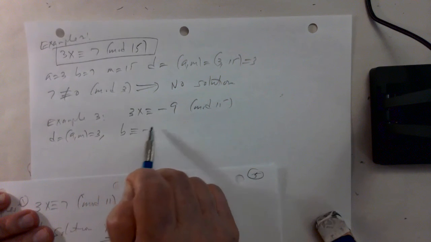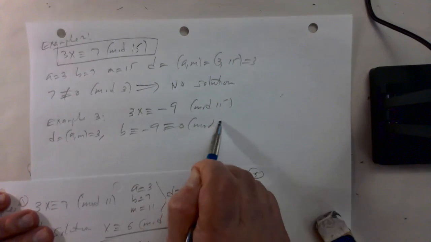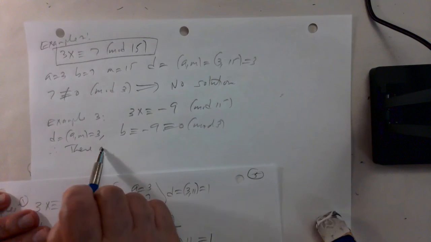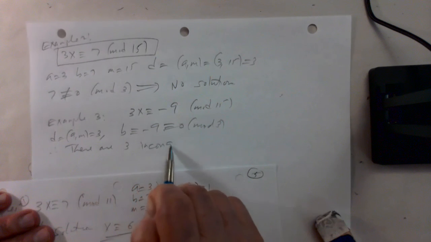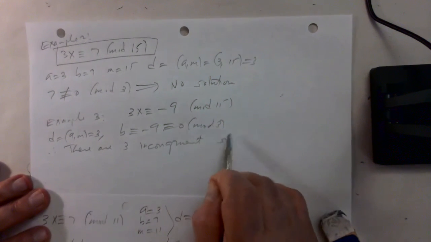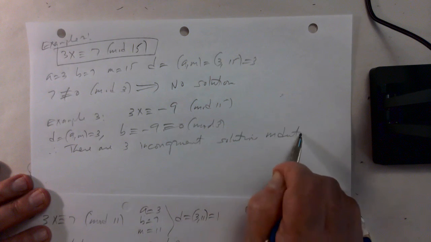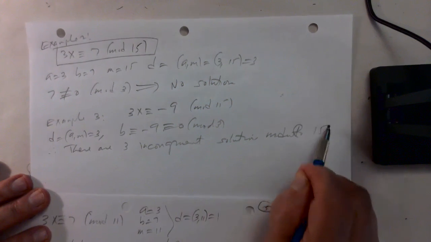B is minus 9, which is congruent to 0 mod 3. So therefore, there are 3 incongruent solutions modulo 15.